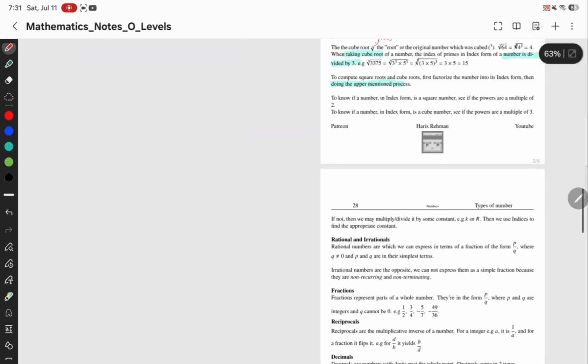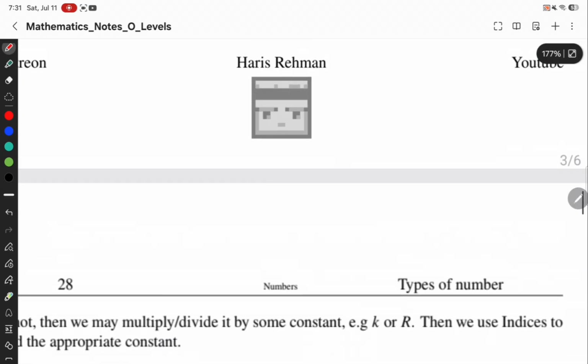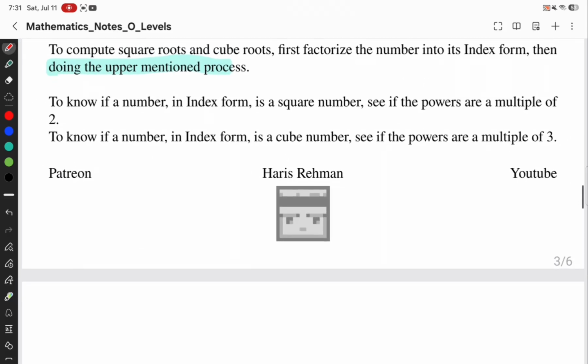For now you can skip these, and if you are able to do this by yourself, well and good. Else, the next video will be about solving this specific question. Or, no, let's do this: we will revise this when we do indices.